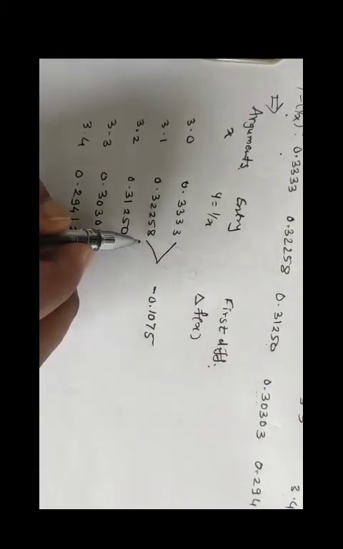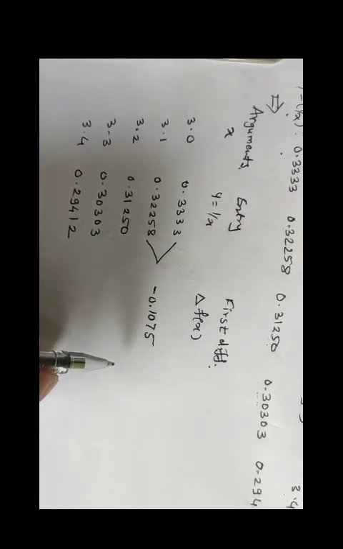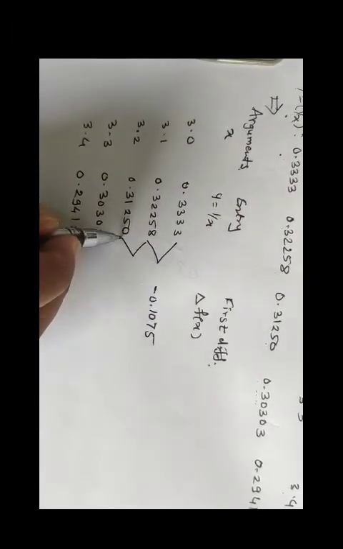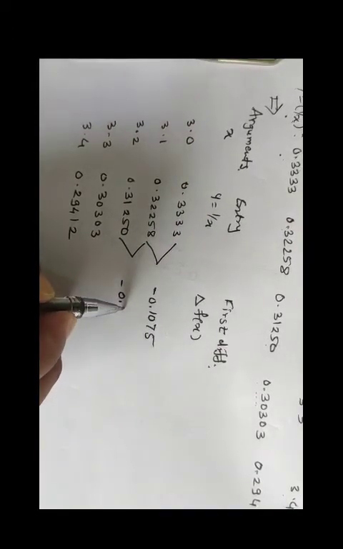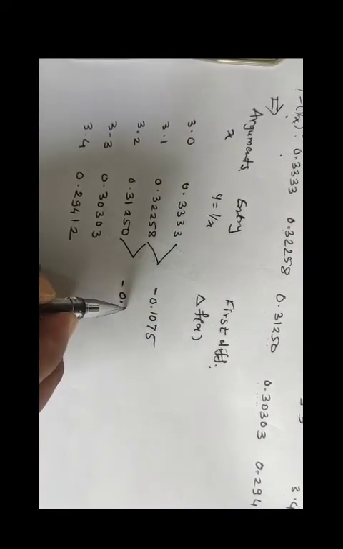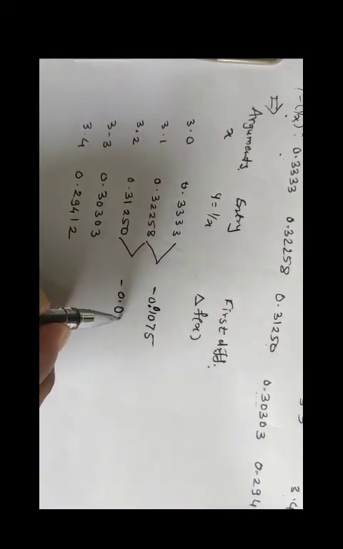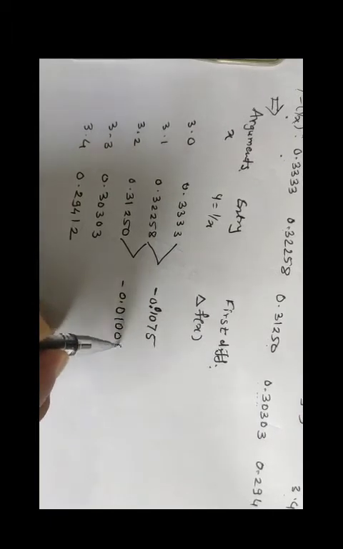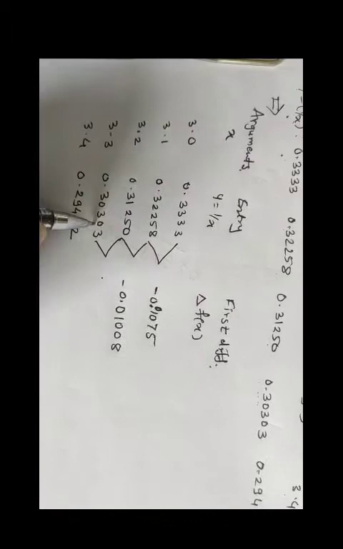You can verify yourself by using a scientific calculator, because my calculation may be wrong. So you do it yourself. Next, the difference between these two is minus 0.1008.